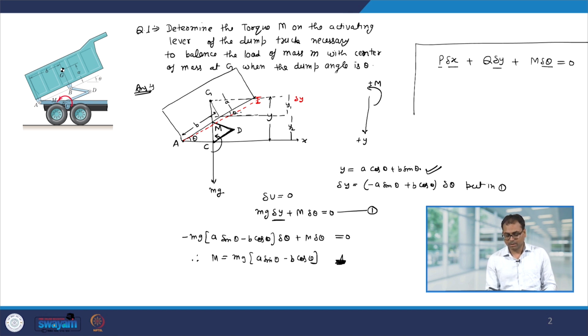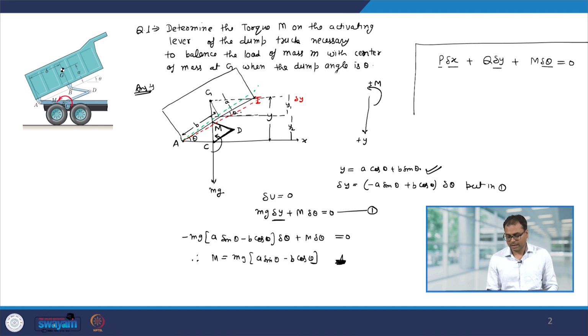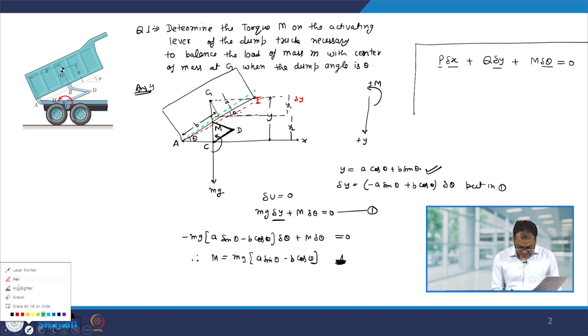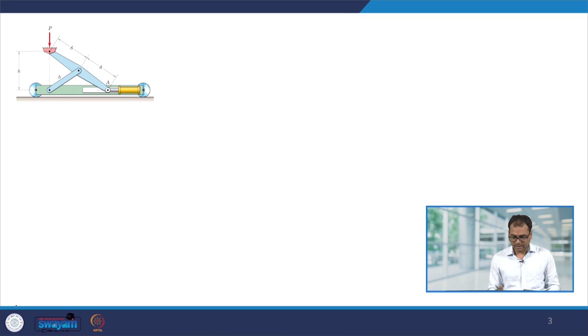Because of the moment M you can assume that the virtual displacement will be like this, and your theta in that case is going to increase. But since we have solved many problems, we can think of it and we do not need to show it here. Now let us look at one more problem statement.